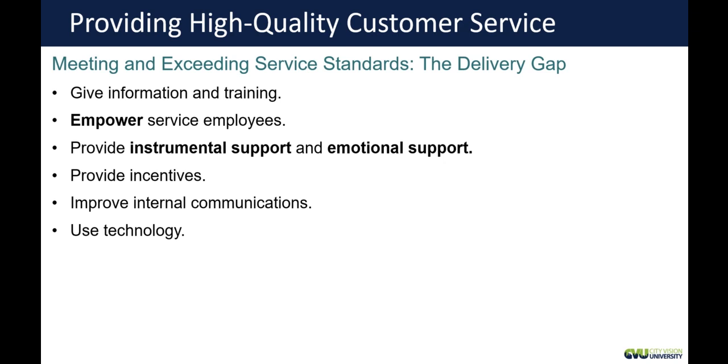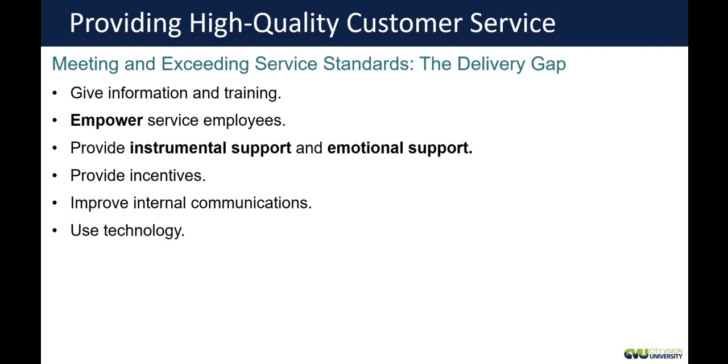Now, one of the things, meeting and exceeding service standards, right? So maybe it's a delivery gap. In this case, we need to help our employees or our members understand not only what the services are, but where we're at.